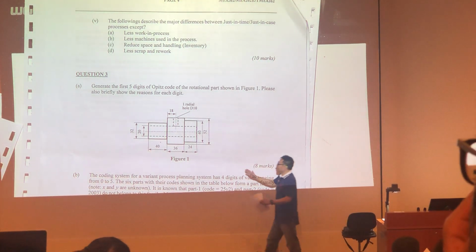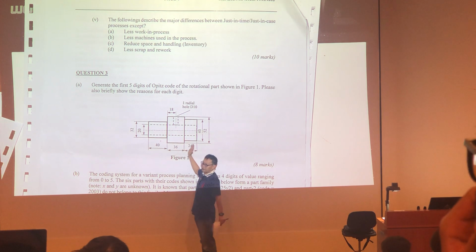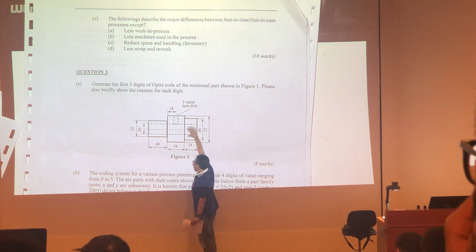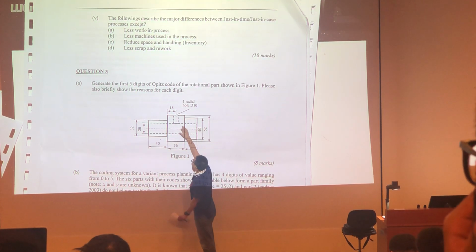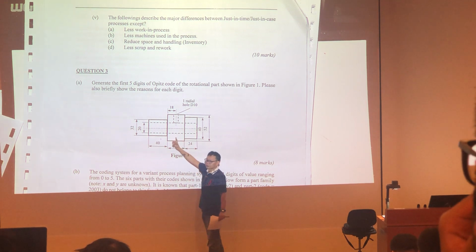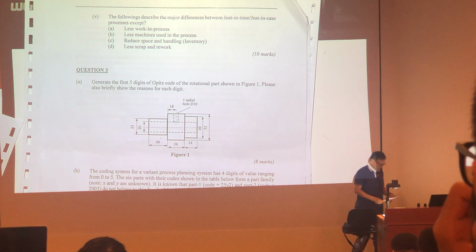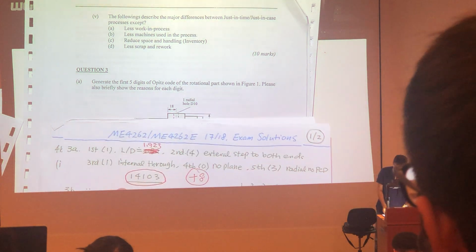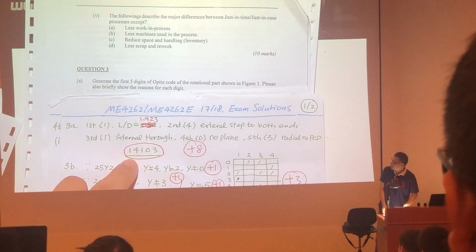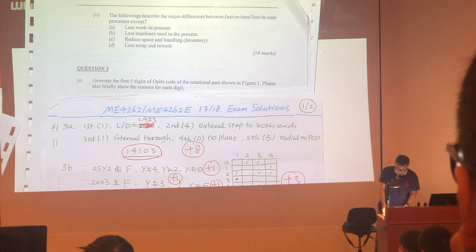Rotation part. Step to both end diameter externally. Internally, there's a simple hole, and there is a radial hole not on a pitch circle diameter. So the result is 14103.